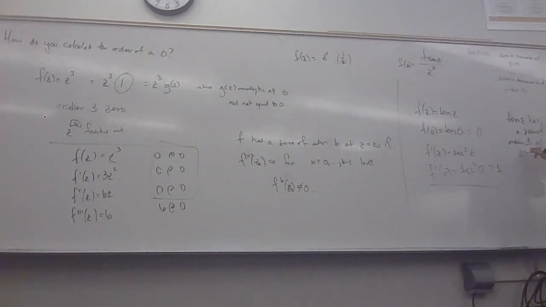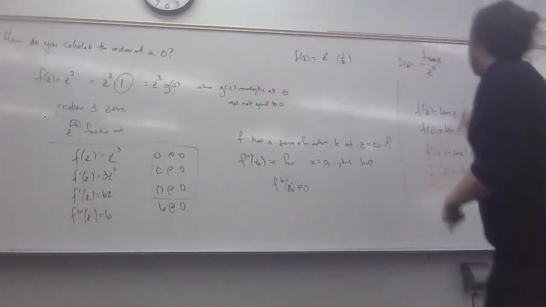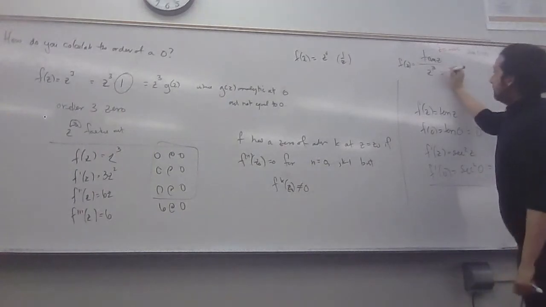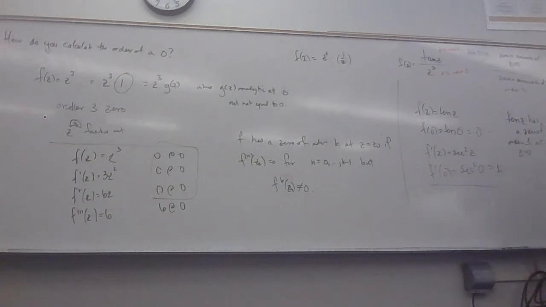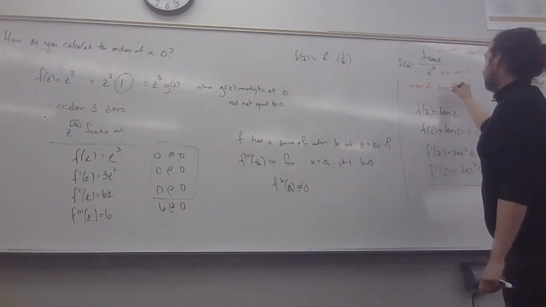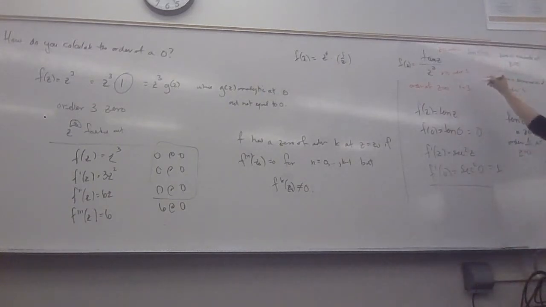At z equal to 0, which is very useful to be able to do without having to grind out an entire power series. And what it says is, now you know the order of the pole here as well, because if this has a 0 at z equals 0 of order 1, and this has a 0 at z equals 0 of order 3, then in total the order at z equals 0 is 1 minus 3, zeros minus poles, which is negative 2.